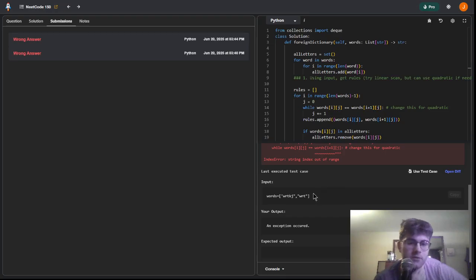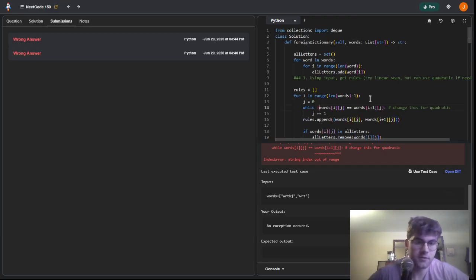This doesn't tell us any rules. WRT, KJ, and WRT. Yeah, so in this case, we would just kind of skip it, I guess. Yeah, so first of all, we have to do the out of bounds check.